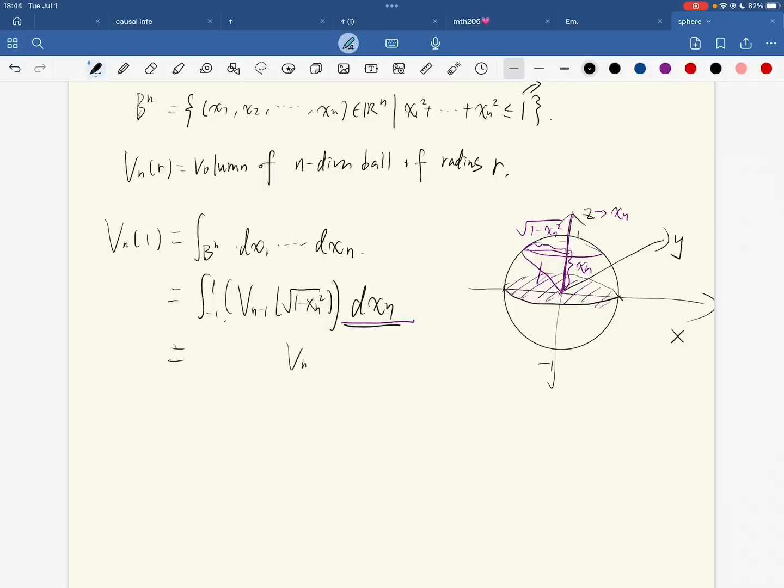We want to use V_{n-1}(1) to represent it, since this is very easy to calculate, right?